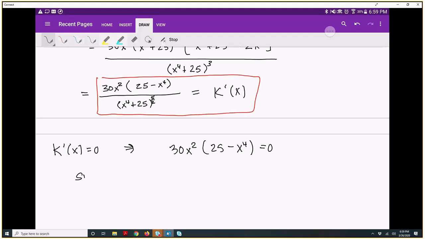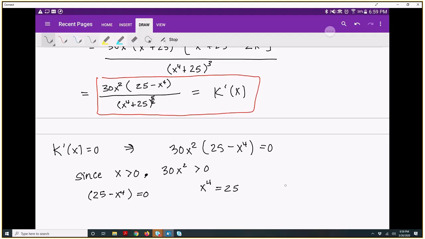But since x is greater than 0, we know that 30x squared is greater than 0. So it has to be 25 minus x to the power 4 equal to 0. So that's x to the power 4 equal to 25.